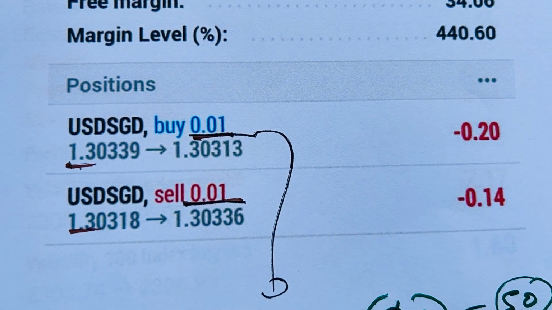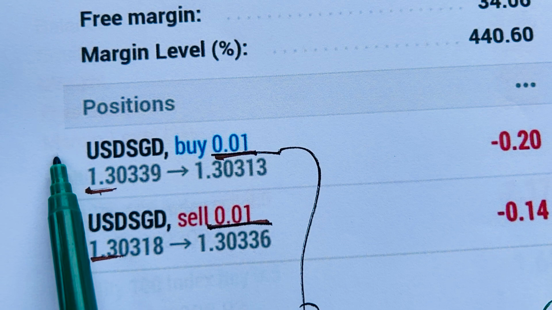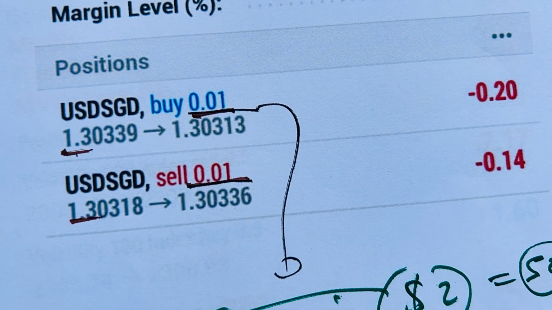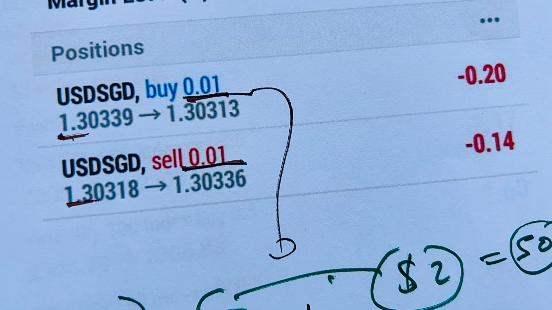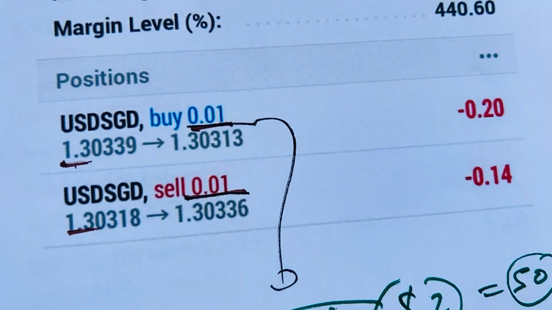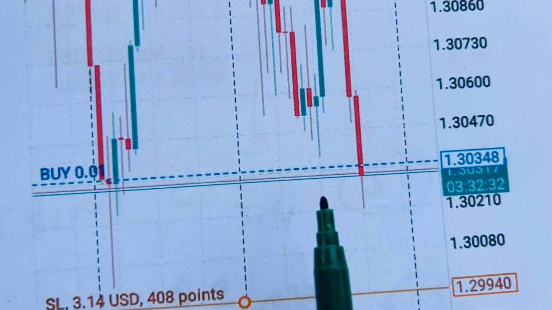But if you apply proper risk management, that means you will take one trade at a time. You will not take many trades on just one analysis that you do. In this case, if you analyze the market and find that we have a demand area here, you'll just take one trade just like I did here.